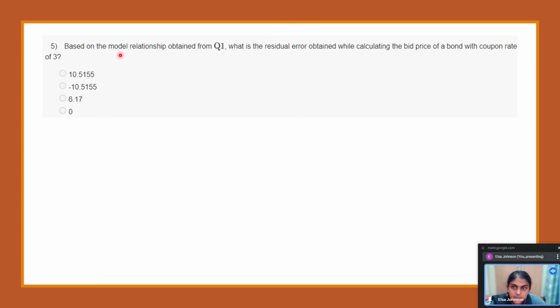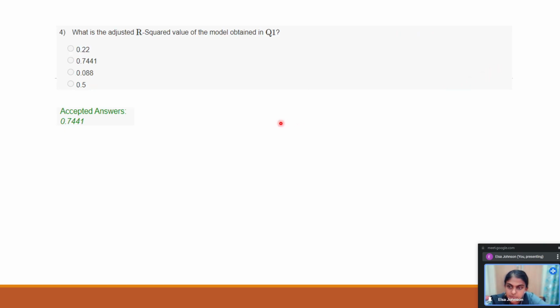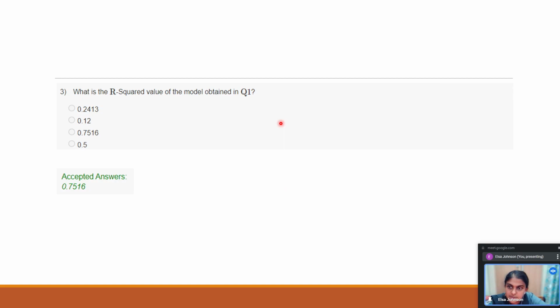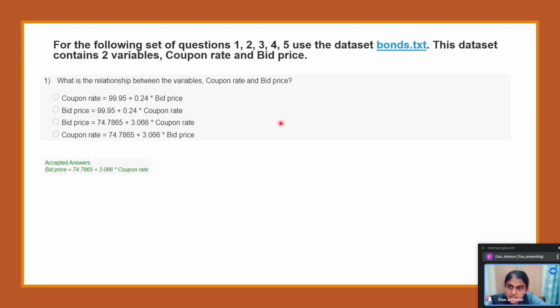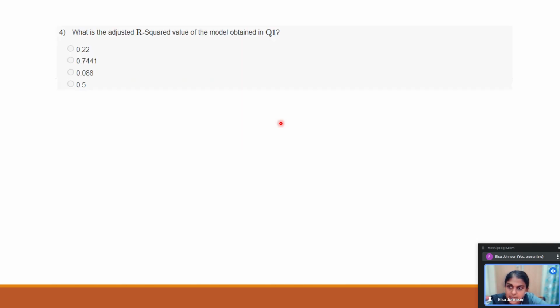We want to find the residual error obtained while calculating the bid price of a bond with coupon rate 3. From the previous questions we have seen the relationship: bid price equals 74.7865 plus 3.066 into coupon rate. So this you can calculate directly.